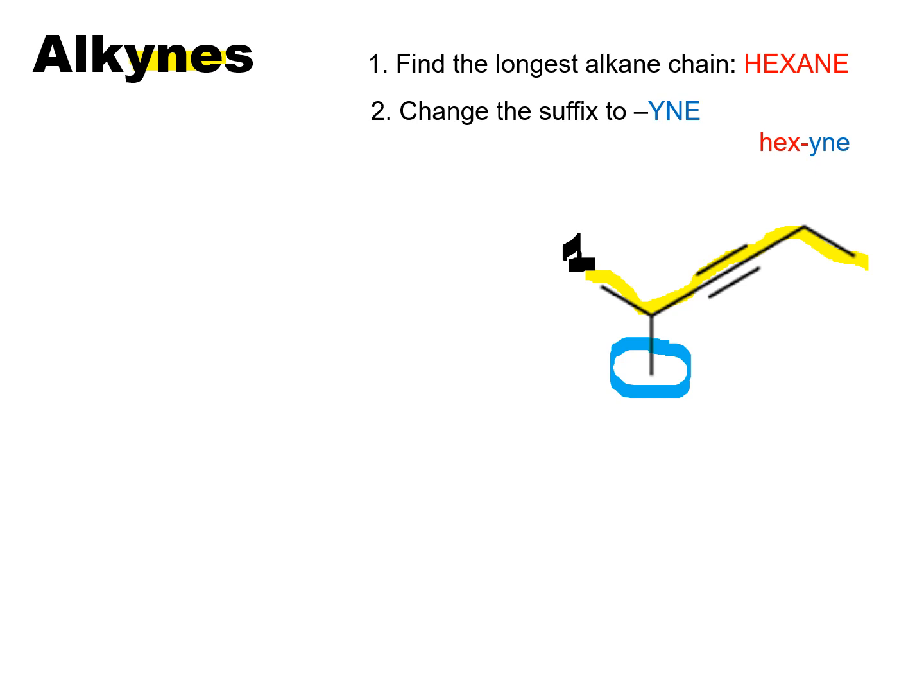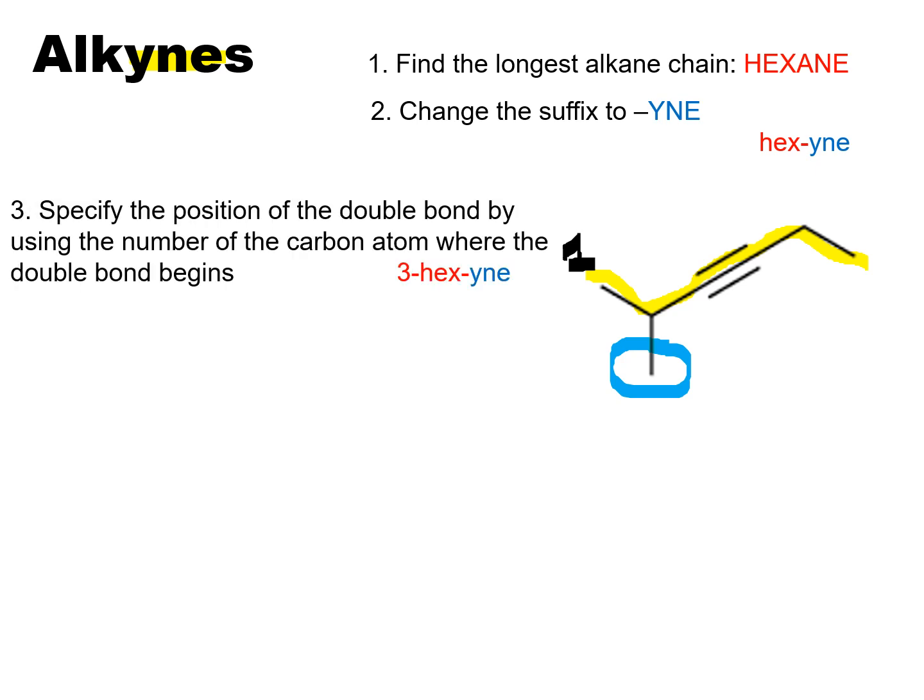If we start from the other hand, the triple bond would still start at 3, but the substituent would have a much higher number. So it's going to be 3-hexine. So we use the same approach that we use for double bonds. The number refers to the atom of carbon where the triple bond is starting. And then we need to add the information that there is a branch: 2-methyl-3-hexine.